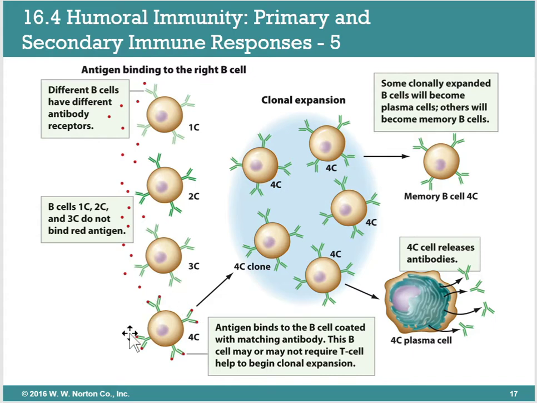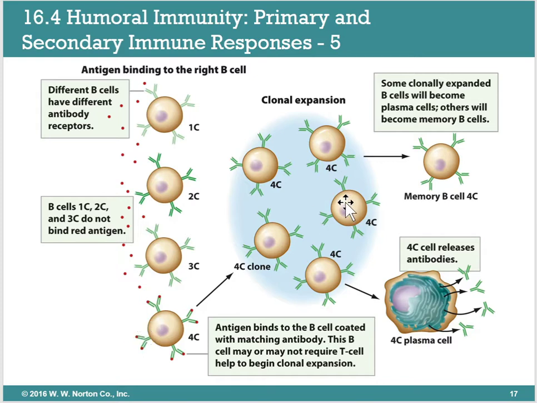So we see that this CD4 cell, this B cell, binds to the antigen. The antigens are the red dots. And based on that binding, it's like, okay, I'm good for this pathogen, I'm good for this antigen.